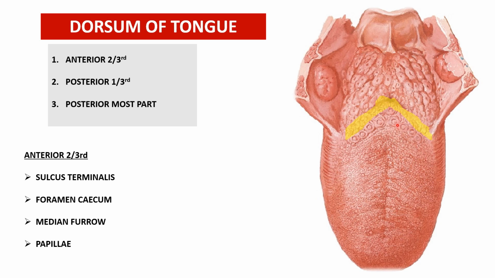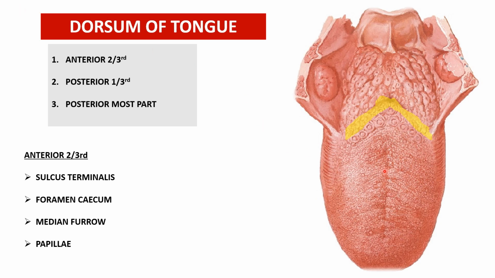Remember, on the dorsal surface you can also see a median groove, the median furrow. This extends anterior-posteriorly and roughly divides the dorsal surface into two halves. The anterior 2/3 portion of the dorsal surface is very rough because there are several macroscopic projections called papillae.